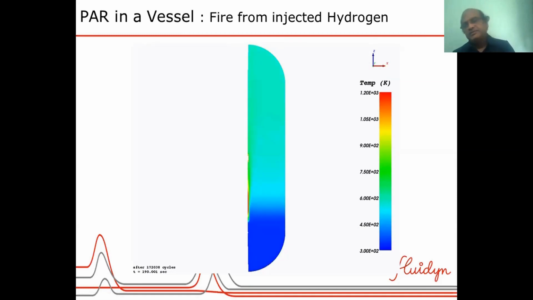So the design optimization is very critical in this. The hydrogen has to be removed as fast as possible, but at the same time, the rise in temperature should be as low as possible.